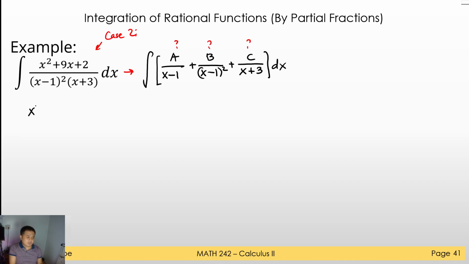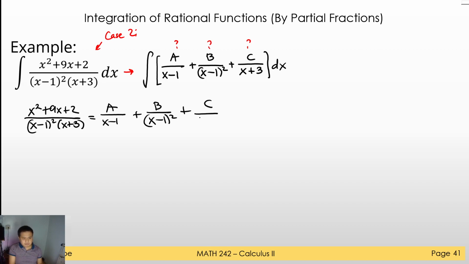So again, we can equate this: x squared plus 9x plus 2 over x minus 1 squared, x plus 3 is equal to a over x minus 1 plus b over x minus 1 squared plus c over x plus 3. We can multiply this by the LCD, which is x minus 1 squared, x plus 3.